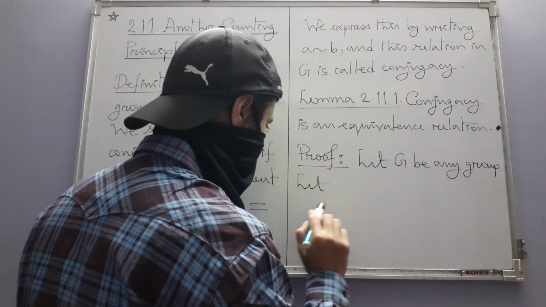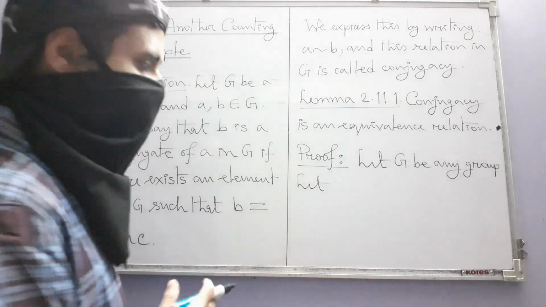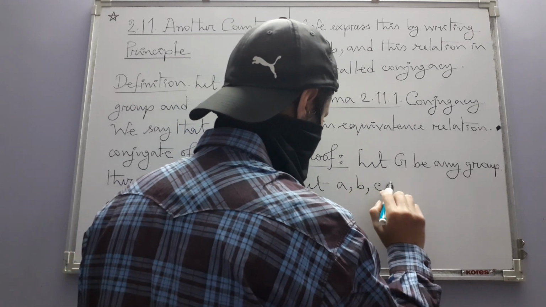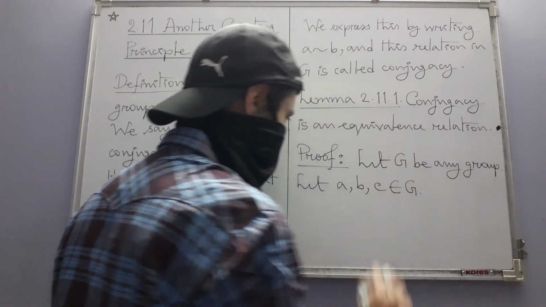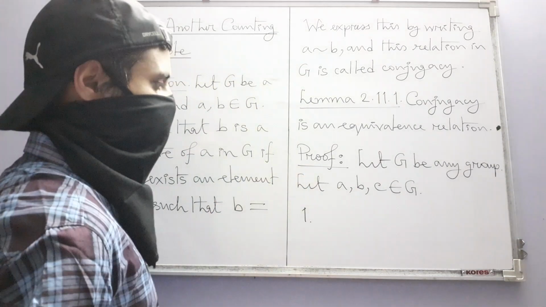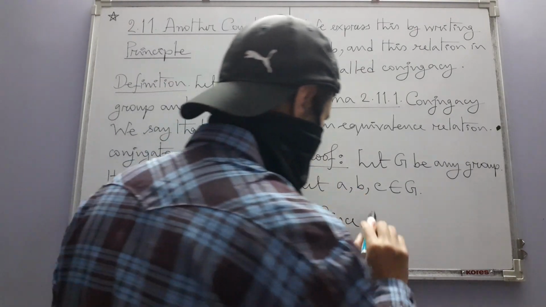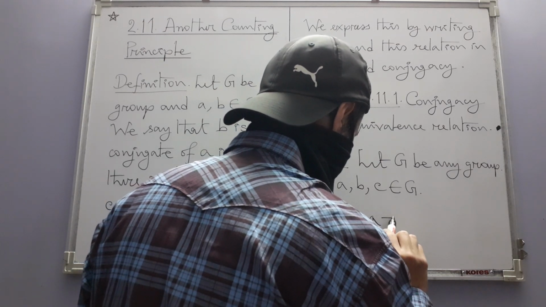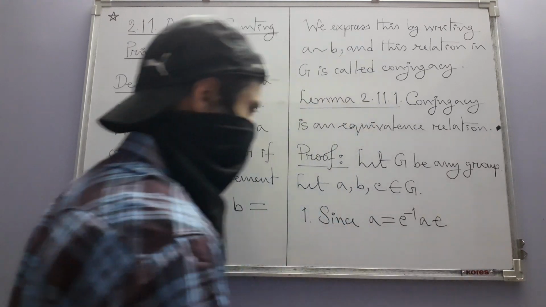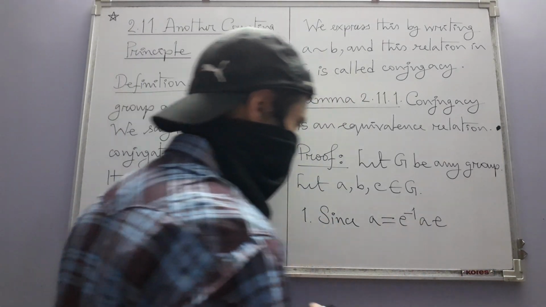Because for transitivity we will need 3 elements, let's take any 3 elements in G. Let A, B and C belong to G. Number 1, since A is equal to E inverse AE, you can see clearly why that is so. E is the identity in G, of course.